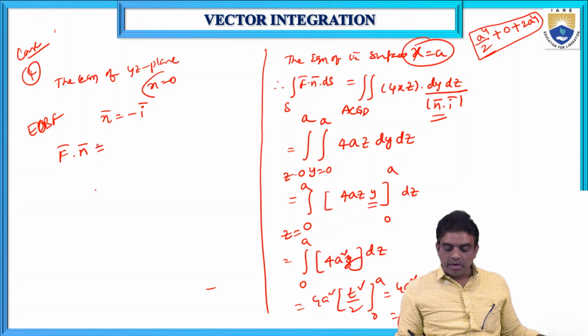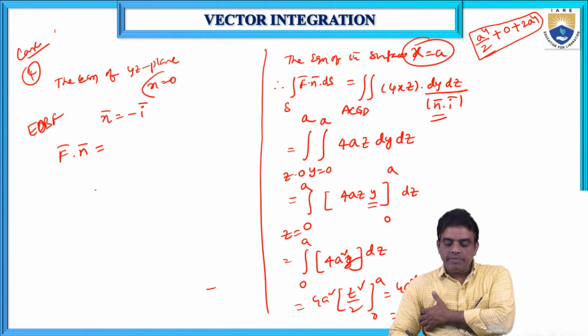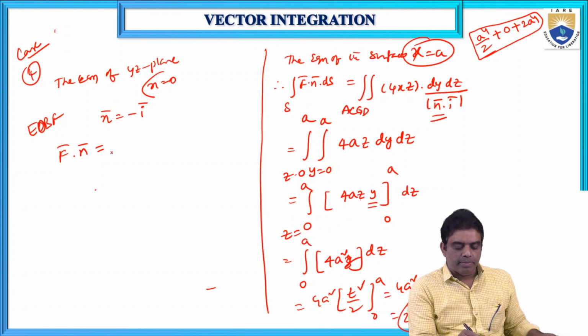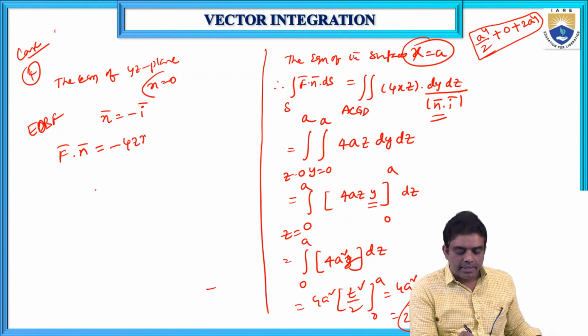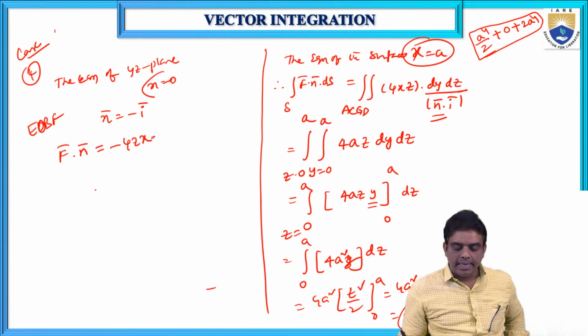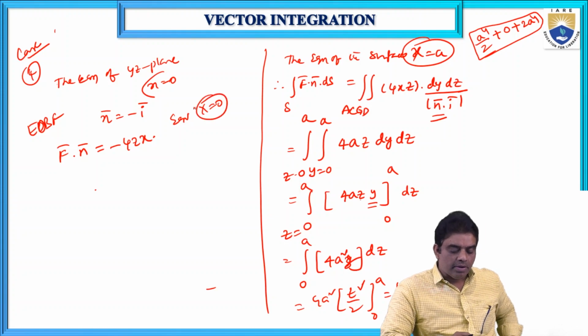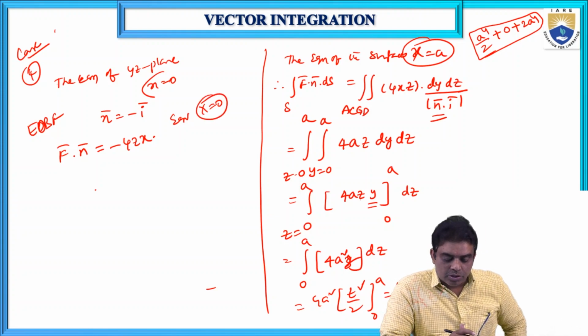What is f bar dot n bar? It is the given function 4xz into i bar with minus i bar, that is minus 4xz. The equation of this plane is x is equal to 0.